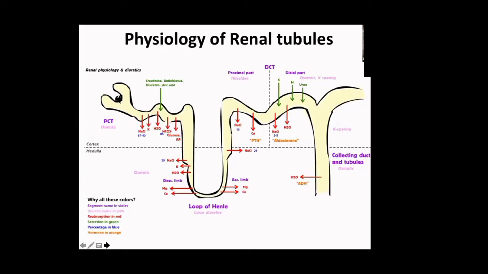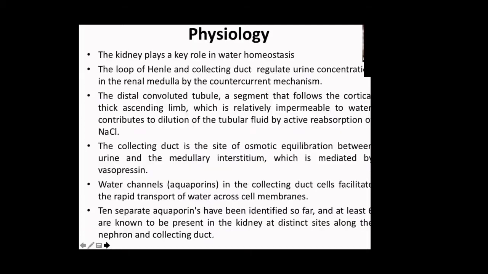Then in the loop of Henle, the descending limb is permeable to water and sodium, but the ascending limb is impermeable to water, so more and more sodium is absorbed from the ascending limb. In the DCT, aldosterone acts; it retains sodium and water. Ultimately at the collecting duct, the antidiuretic hormone acts, which inhibits diuresis, so it retains more and more water.